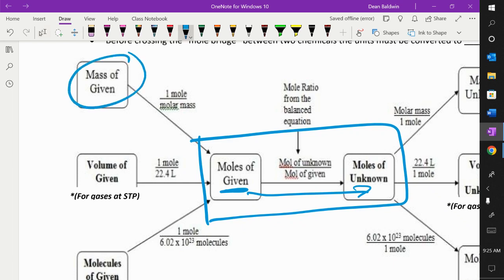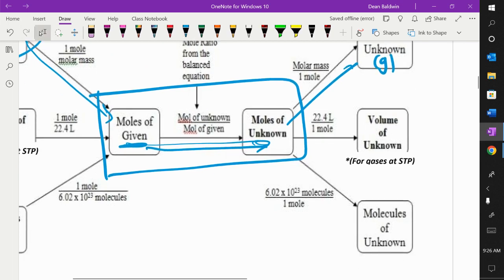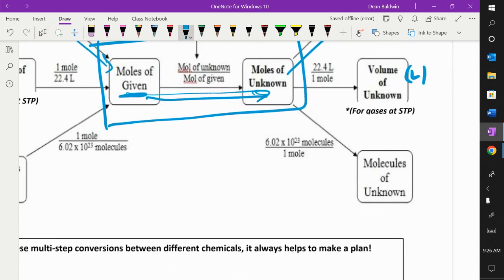So you're given a mass, which you then convert to moles, which then you convert to the new moles, which then you convert to either the mass of your unknown, like how much you're going to get in grams, the volume, which would be in liters, or if you really wanted it, you could do molecules. That'd be a kind of a strange one to do, but you could do it.